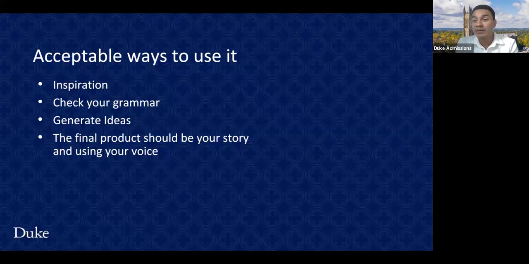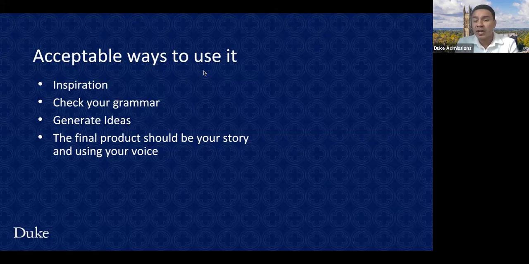If you want to use it to check your grammar after you've written an essay yourself, or to generate ideas as to what might be a good direction in which I can take this essay. But ultimately, the final product, right? The final essay that you submit to us should be your own story, and should be using your own voice.